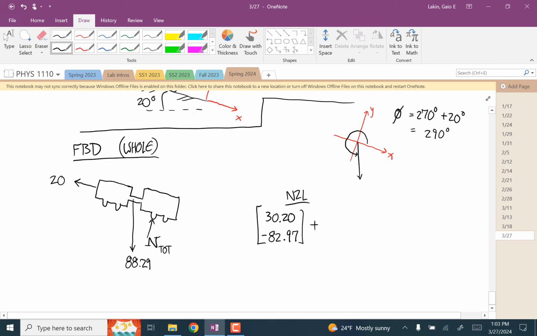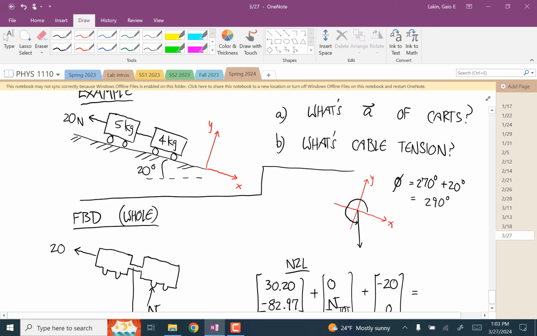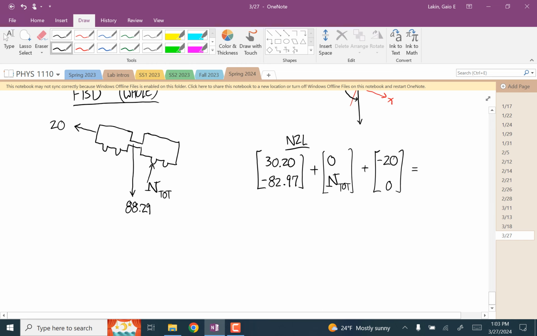N total is in the positive y. The 20 is in the negative x. And all that is equal to the total mass, 9, times the acceleration, a.